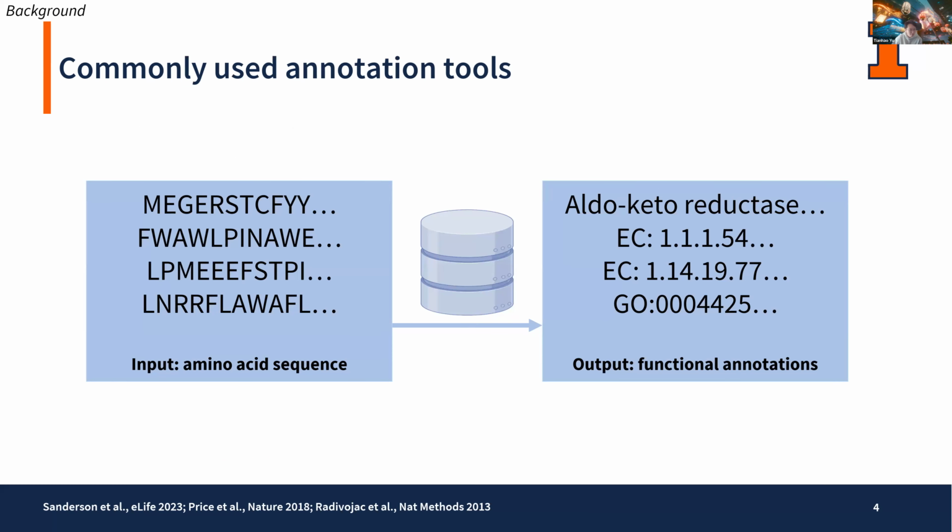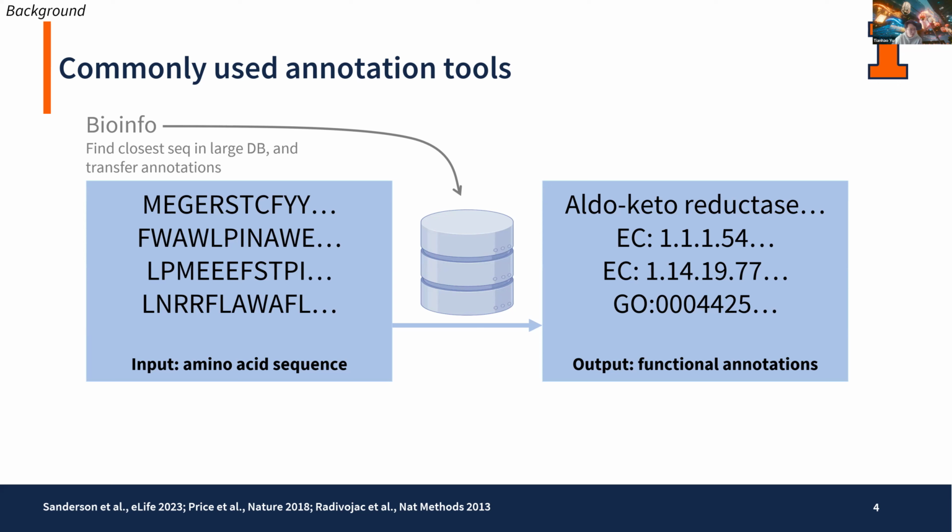Some background on the annotation methods people have been using. The community actually has a long history of computational annotation tools. One of the gold standard, effective yet old methods is using bioinformatic tools. It could be BLASTp, hidden Markov models, motif detection, or domain detection, and many other versions of different bioinformatic tools.